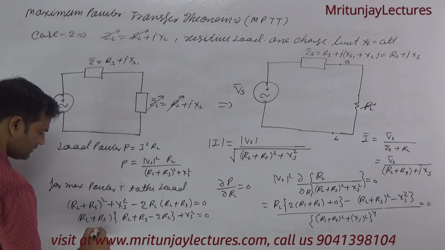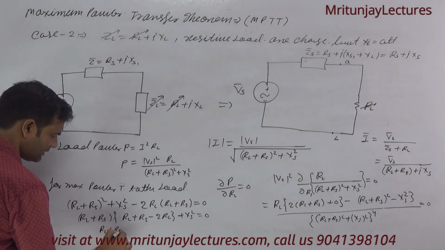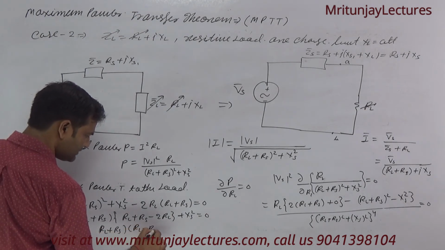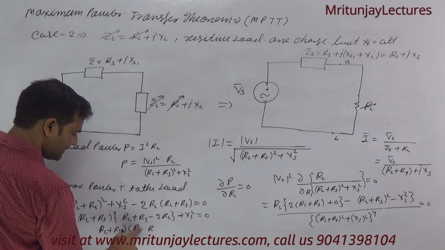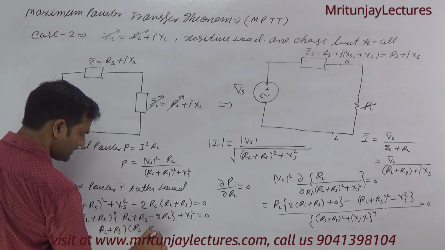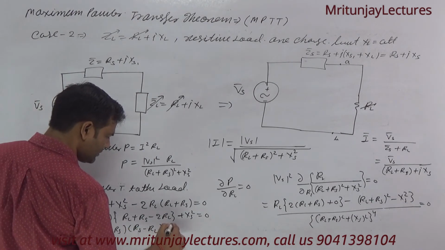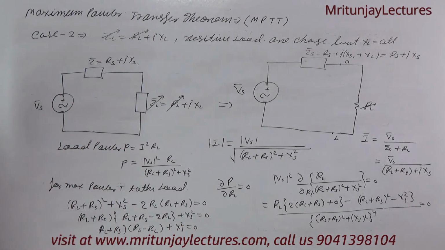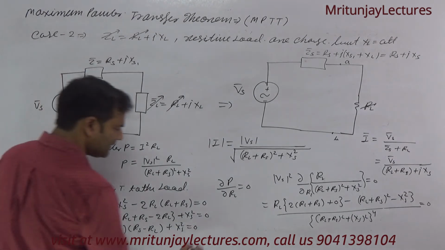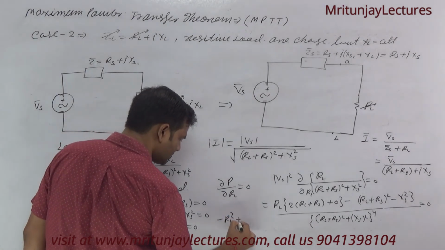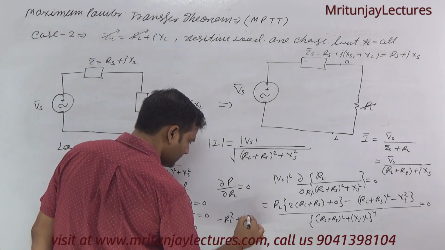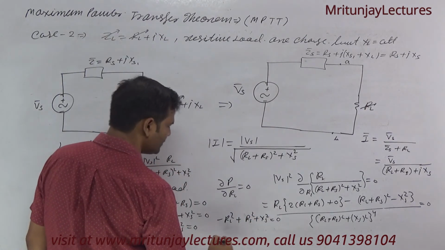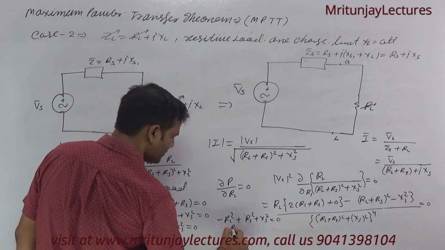After that you can write RS minus RL, sorry, RS minus RL plus X squared, and this will be equal to 0. So finally minus RL squared plus RS squared plus XS squared is equal to 0. So what about RL?